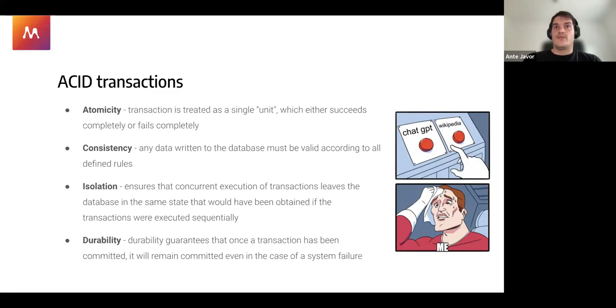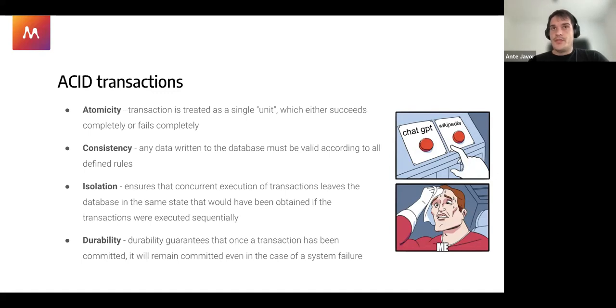This is the property of atomicity, which says that everything needs to be completed successfully or everything fails. To put things in perspective, imagine a transaction being run and executed, and at some point you pull the plug from the PC. You don't want the part of the transaction that got executed to stay in some permanent memory. You want to roll back all the changes. So this is very important.